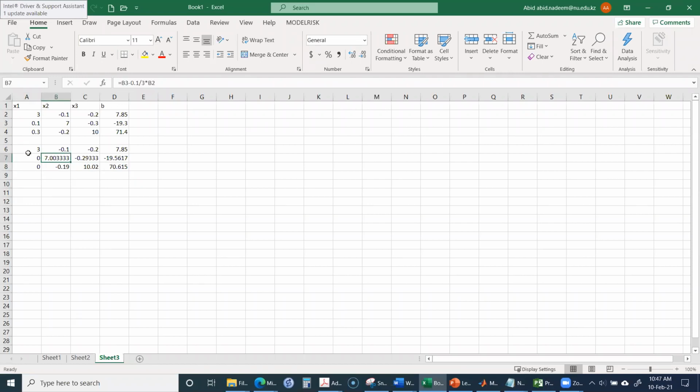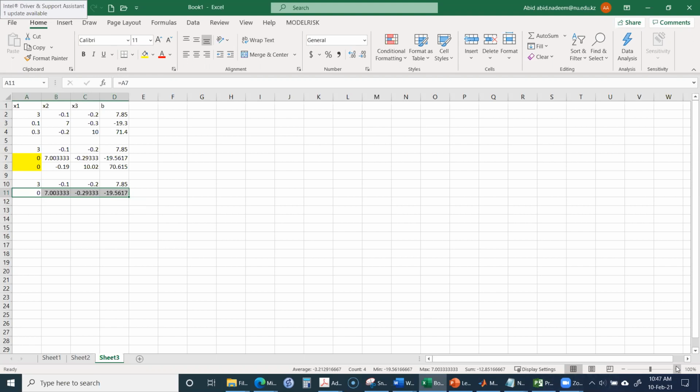So in this case, I first eliminated these two values, that means 0. And now in this round, I will eliminate this value. In this second iteration, the first row will remain the same, and the second row will also remain the same.